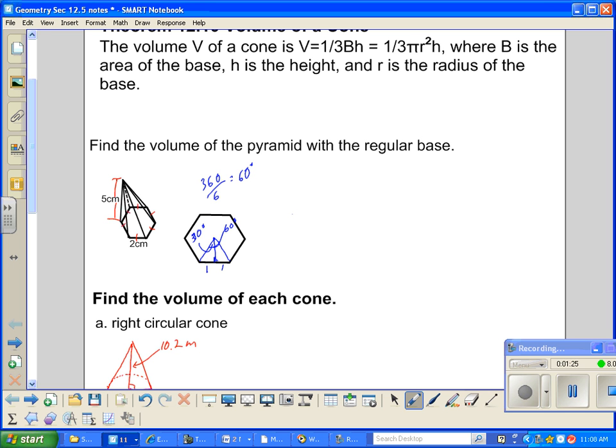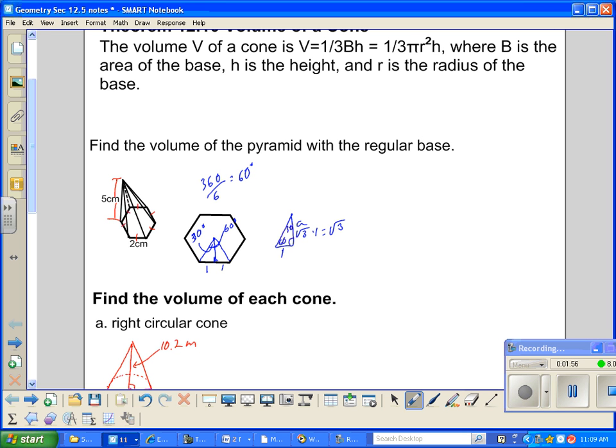And once we've got that, we can look at it as an individual triangle that is a 30, 60, 90 right triangle with 1 for the short leg. And we're trying to find the apothem, which is the long leg. And the relationship is that the long leg is the square root of 3 times the short leg on a 30, 60, 90. So the square root of 3 times 1, or simply the square root of 3.